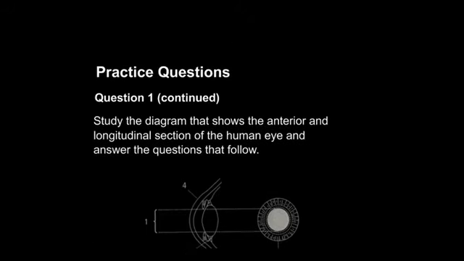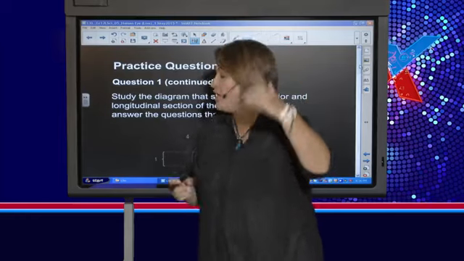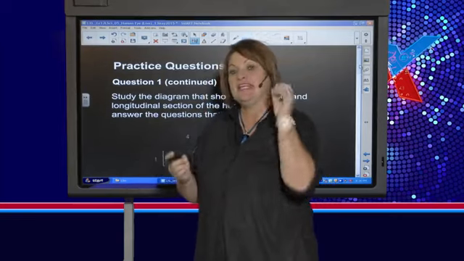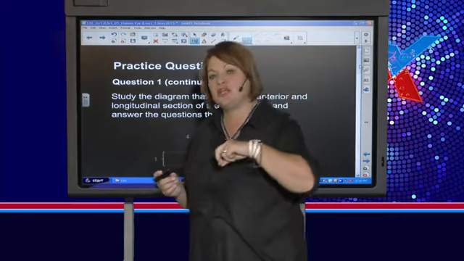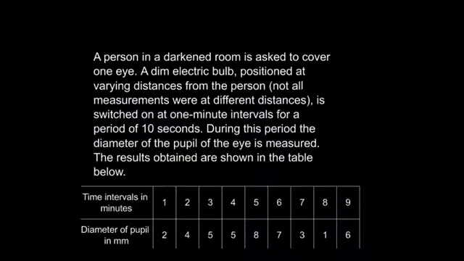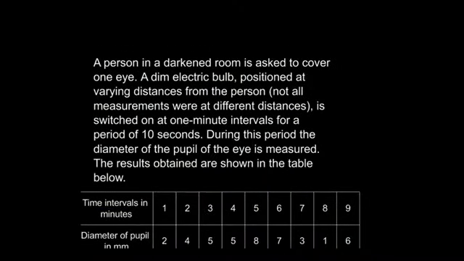If we have a quick look at the question that we started off with, you will very often find that a question has all of the elements in. This is the second part of question number 1. It gives you a scenario: a person goes into a darkened room and is asked to cover one eye.